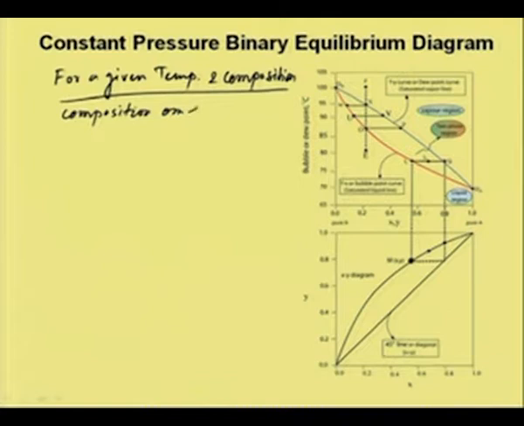Suppose the point L here gives the equilibrium liquid phase composition x and the corresponding vapor phase composition at G, and this line LG is known as the tie line.